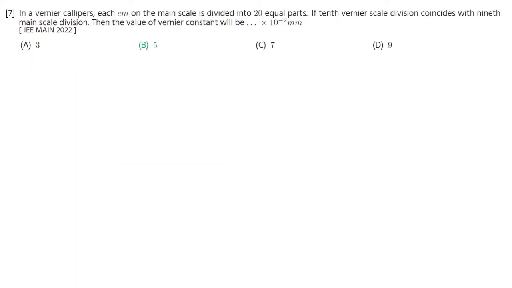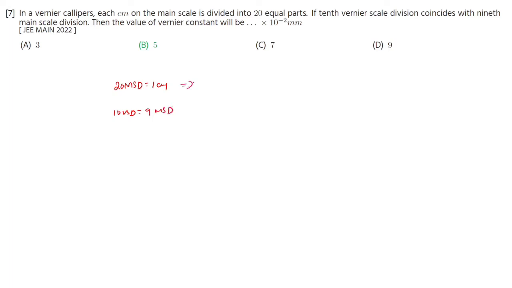Next, in a vernier calipers, each centimeter on the main scale is divided into 20 parts. So that means 20 main scale divisions is equal to what? 1 centimeter, no? So now if the 10th vernier scale division coincides with the 9th, 10 VSD is equal to 9 MSD.